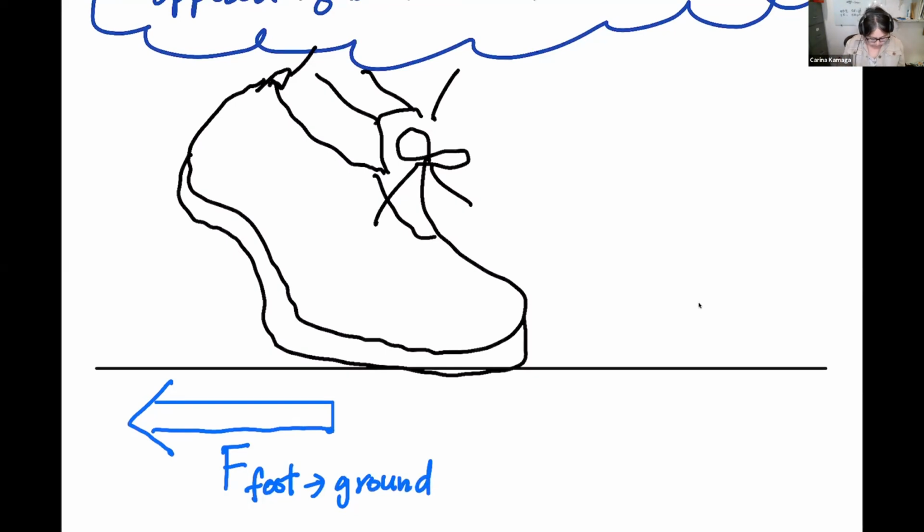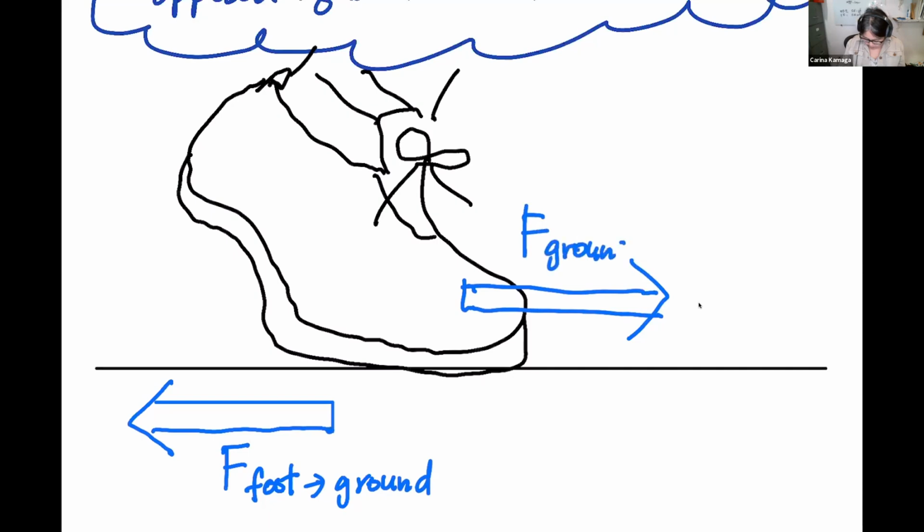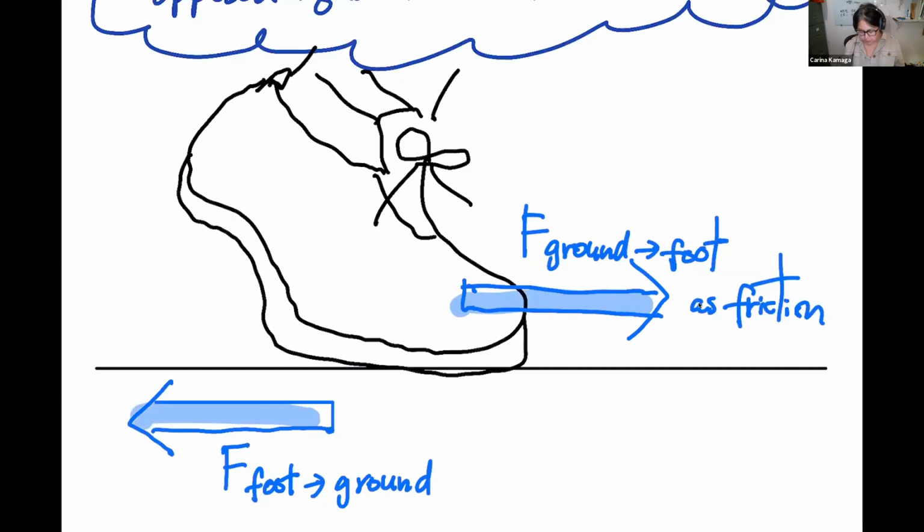Therefore, the ground exerts the same amount of force, F, from the ground to the foot, as a friction. So you push the ground backward, and the ground pushes you forward by the same amount, equal in magnitude and in the opposite direction.